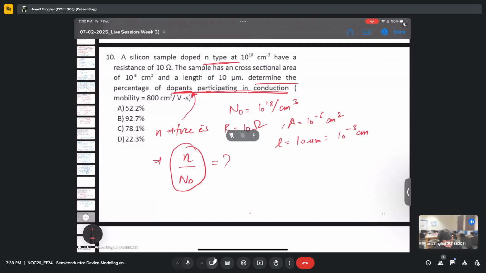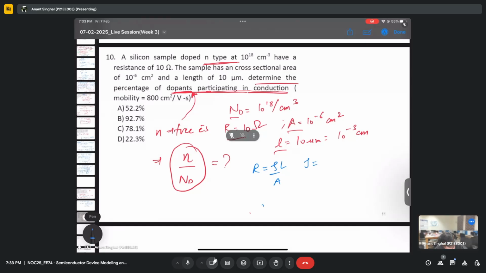So we have R, A, L, ND given. Any idea how we can calculate n? Yes, we have to find resistivity, then conductivity. The formula is R equals rho L by A, so we have everything and can calculate rho from here.